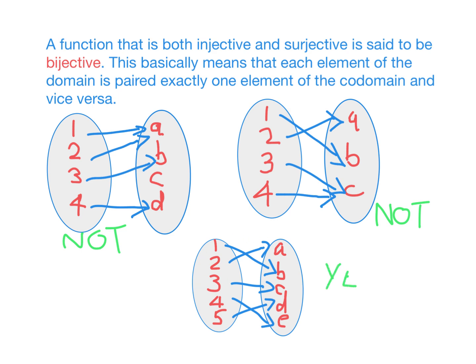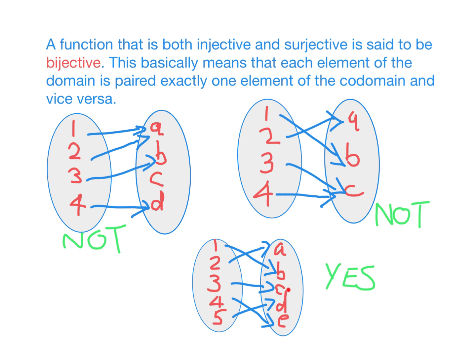If you want to check whether or not a function is bijective, check whether it's one-to-one, then check whether it's onto. Now this is clearly one-to-one. There are no greedy elements. There are no elements here mapped to by more than one element of the domain. It's also onto because there are no lonely elements.